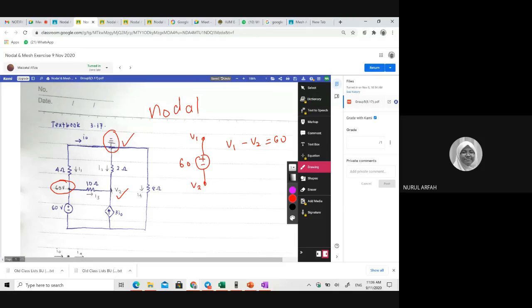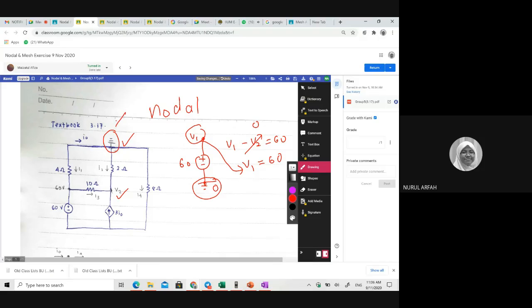This is general information. So you cannot put this as 60 volt unless you put V2 here as the reference point. If this is the reference point, then V1 minus 0 equals 60, so V1 equals 60. But with the reference point down here, you actually create something else. What is that thing?